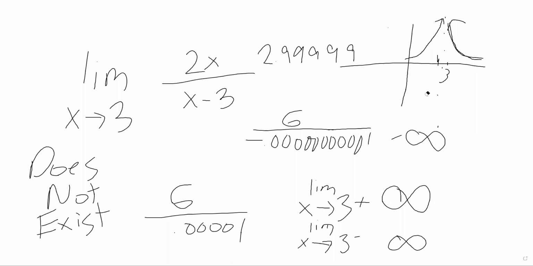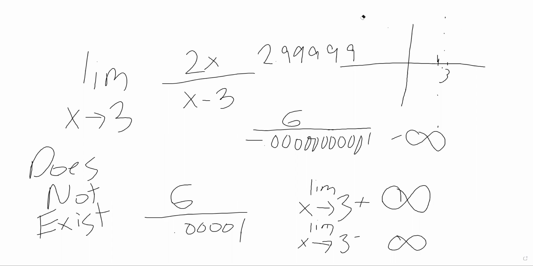Could we say that the answer is infinity as x approached 3? The answer is no, you cannot. You don't know which side reaches infinity first, because this side could be increasing at a slope like this, and this side could have a slope like this. If this one has a steeper slope, it's going to reach infinity a lot faster than the lesser slope.